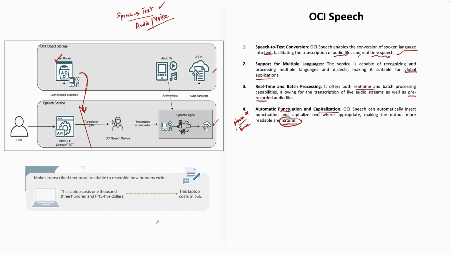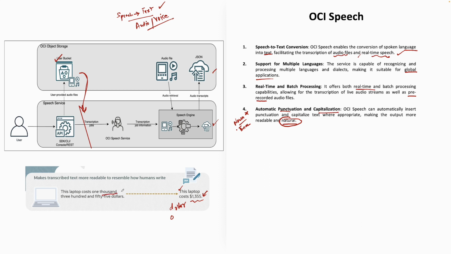Now another good thing about natural we'll see in this example. Let's say the user is saying this laptop costs $1,355. So if you see, it's starting with a capital letter, and it's ending with a punctuation, which is a full stop. But the other good thing about natural, which I want to describe, is that it is not saying this laptop costs, say, one thousand three hundred.